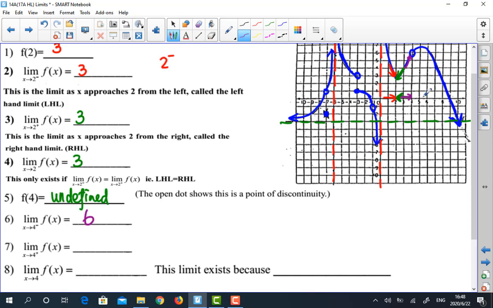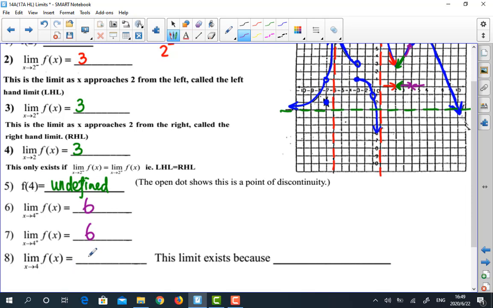When x is approaching 4 from the right-hand side, you look at the graph from the right-hand side. The y value on the graph is also approaching 6. The left-hand limit is equal to the right-hand limit. Therefore, the limit of this function when x approaches 4 exists, and the value is 6.